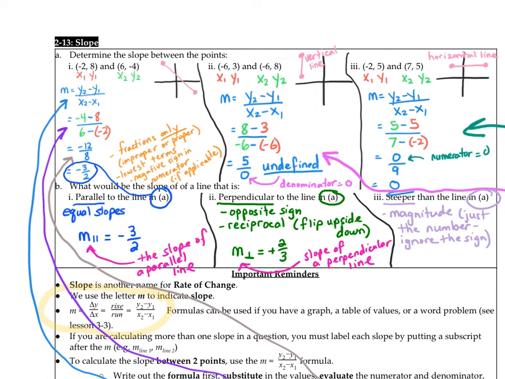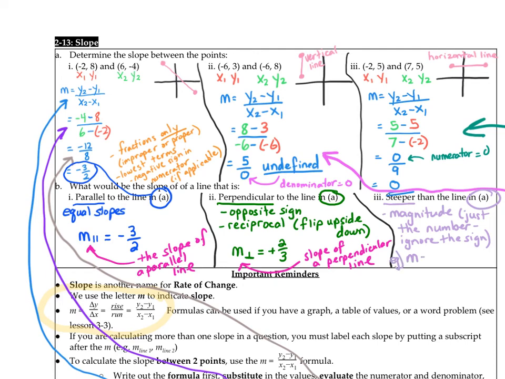It doesn't matter. What it means is the number part, so 3/2, for it to be steeper, the slope would have to be bigger than 3/2. If the line was less steep, the slope would have to be less than 3/2. And 3/2 is 1.5. So basically you're going to pick anything that is bigger in magnitude than 3/2.